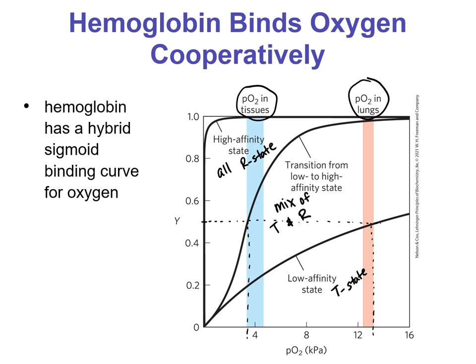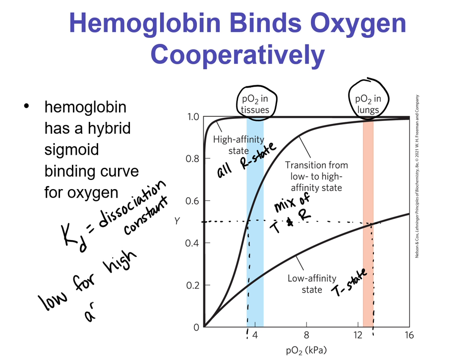Remember that the KD, capital K, lowercase d, is the dissociation constant. And it is low for high affinity interactions.